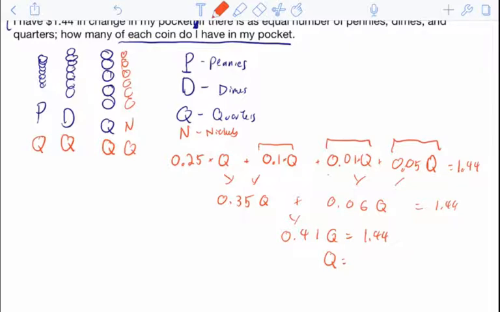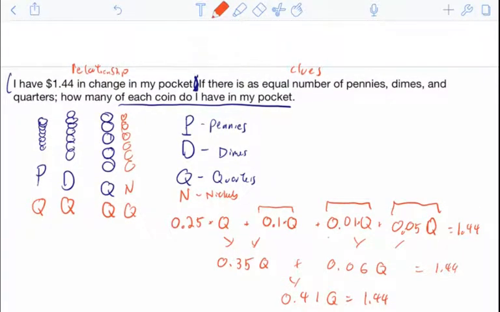Hold on. Oh, you know what? It doesn't say they're nickels. I made a mistake. So I got a weird answer, long story short, and I figured I should probably get a whole number of coins.